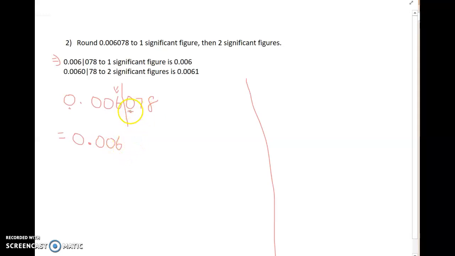Why do we stop in here? Why didn't we add zeros for the rest of the numbers? Because 0.006 is already an approximation for this entire decimal number. Adding zeros afterwards for the 0, 7, and 8 is not going to change the value here.